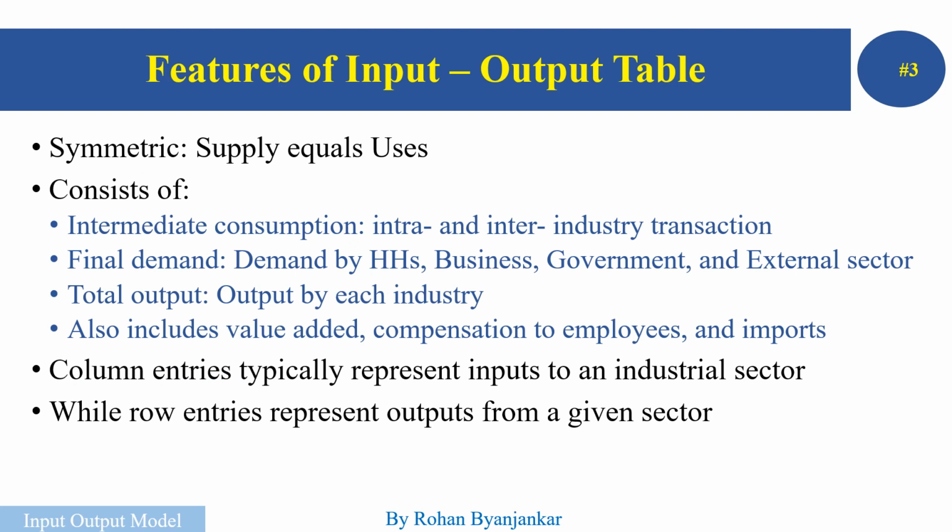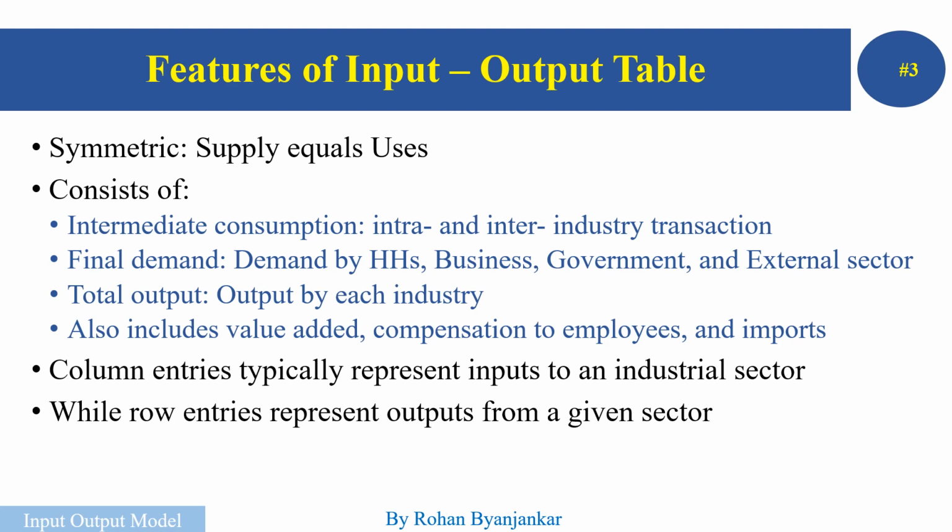So now, what are the features of the input output table? The first feature is symmetry, which means that supply must be equal to uses, and the input output matrix must be a square matrix, meaning the rows must be equal to the columns. The table consists of intermediate consumption, meaning the intra and inter industry transactions.